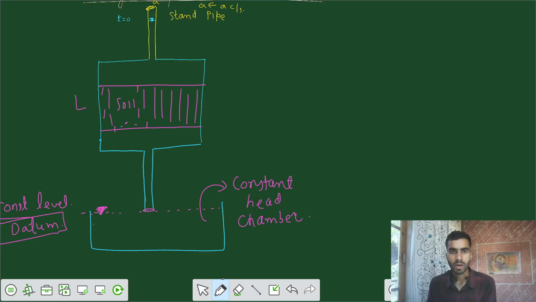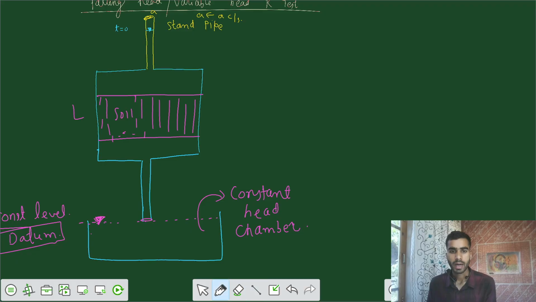Now initially, from the top, the head difference between that datum and that initial level of water, let's take that value. Initially that was H1 at time T1.